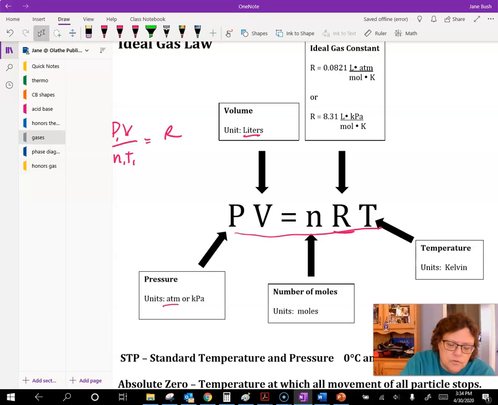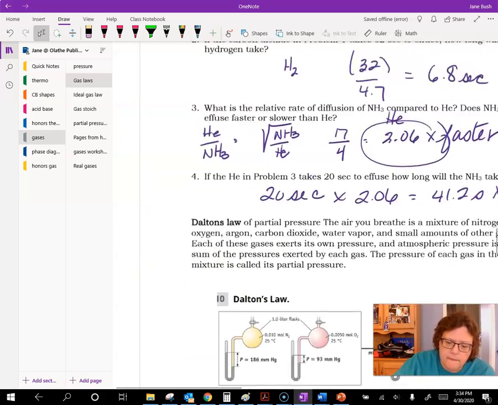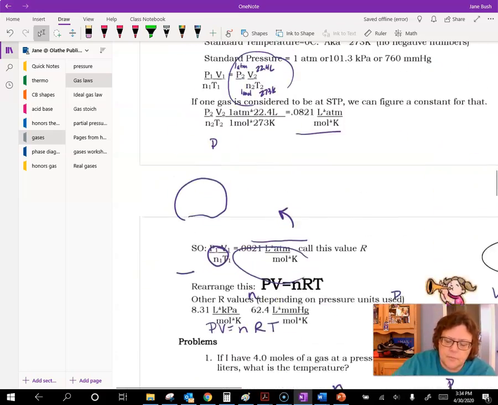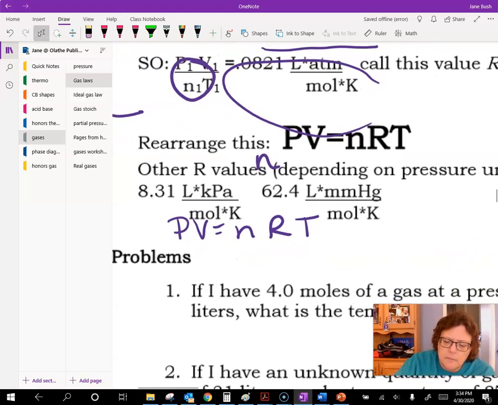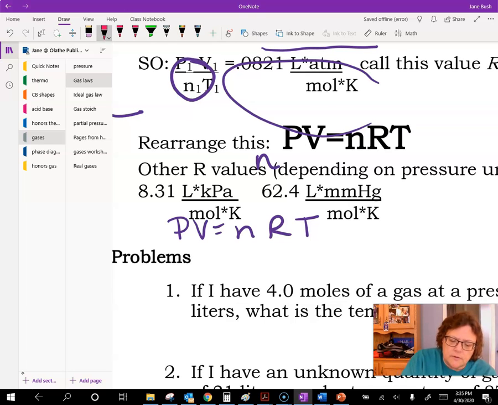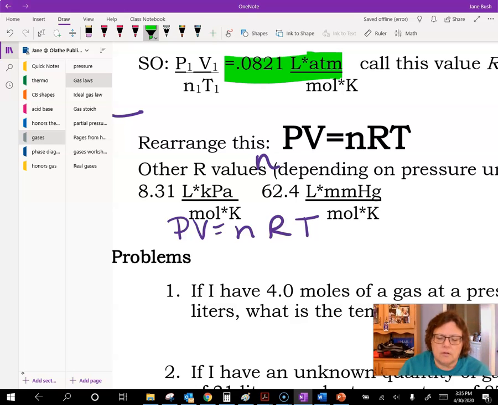Here, I'll show you those constants. This is from notes that I gave to College Chem. All right. PV equals nRT. If we're using atmospheres, this is our gas constant.